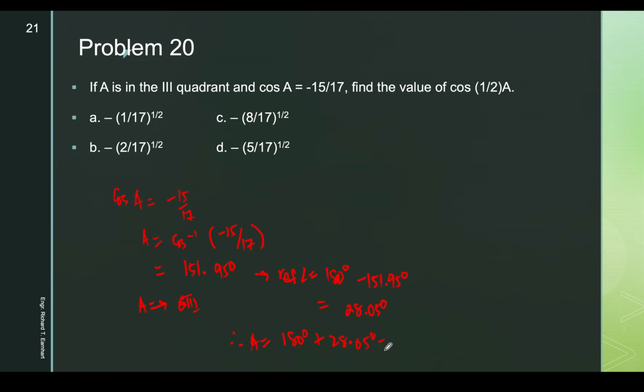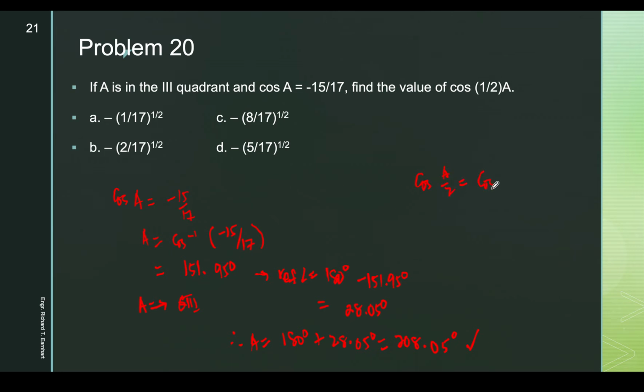So this gives you 208.05 degrees, and we use this angle, the angle in the third quadrant, to compute for cosine A over 2.